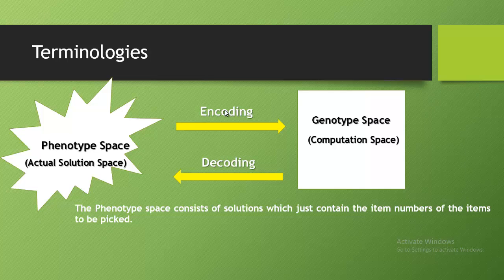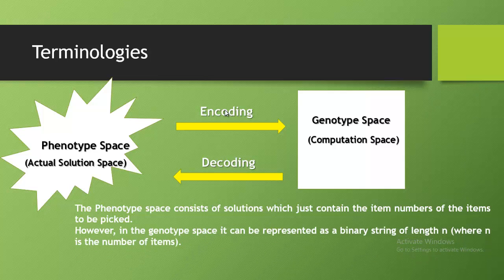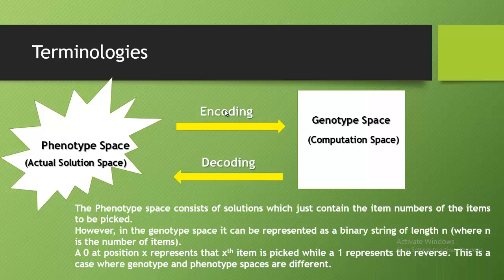Whenever you face a problem, you don't need to take every value; you just select some data set, picking some numbers from the set of items. However, in the genotype space, it can be represented as a binary string of length n, where n is the number of items. A 0 at position x represents that the xth item is picked, while a 1 represents the reverse. This is a case where genotype and phenotype spaces are different.